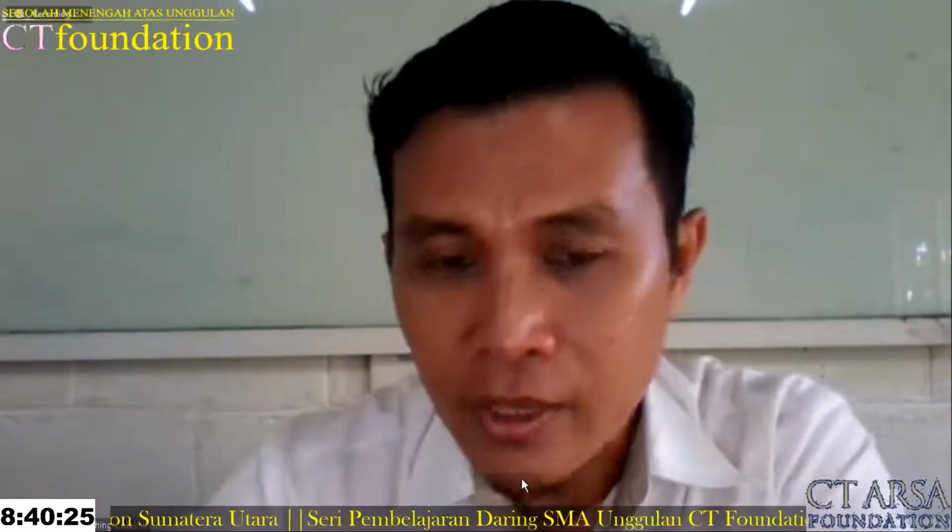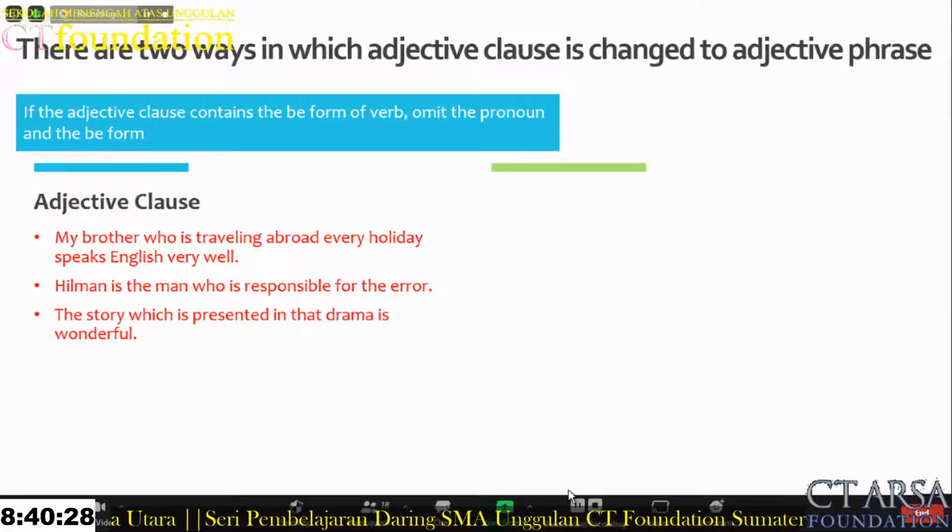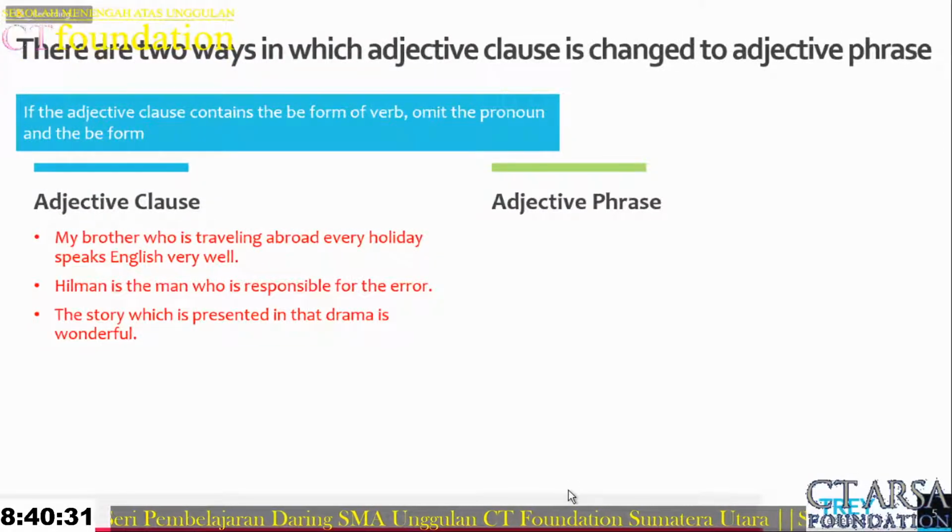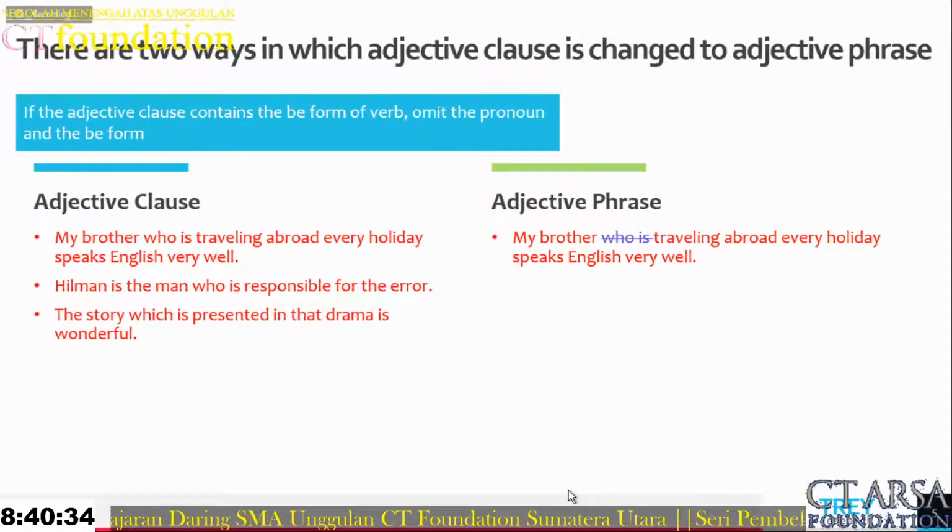Okay. All right. Now, how to reduce these three sentences into an adjective phrase? Have a look. The first sentence: my brother who is traveling abroad every holiday speaks English very well. There are two ways in which an adjective clause is changed to an adjective phrase. If the adjective clause contains the be form of a verb, how do you reduce the clause? You omit the pronoun, which is who, and also you drop the be form.